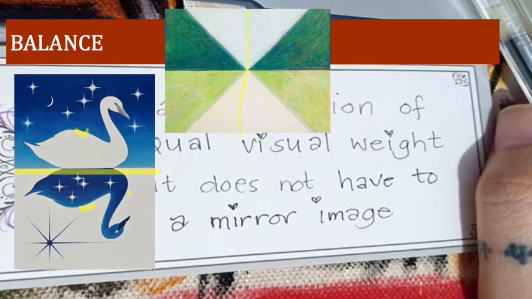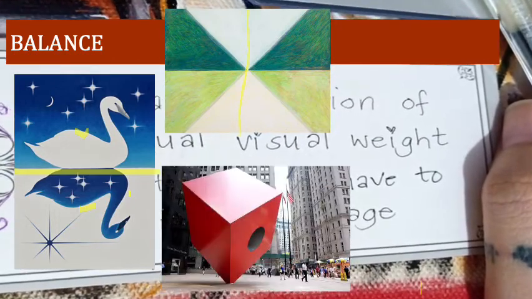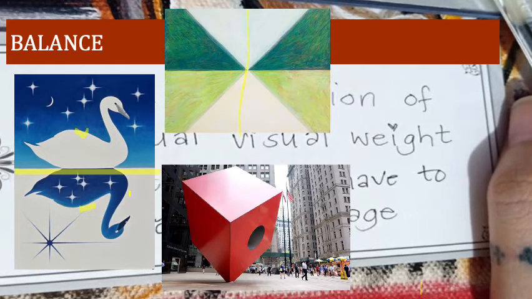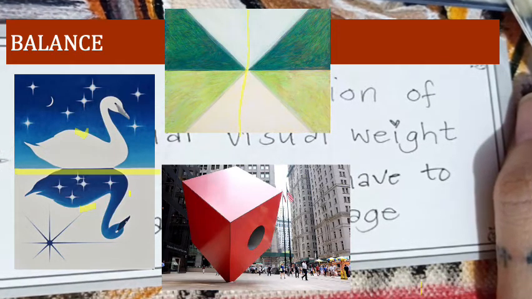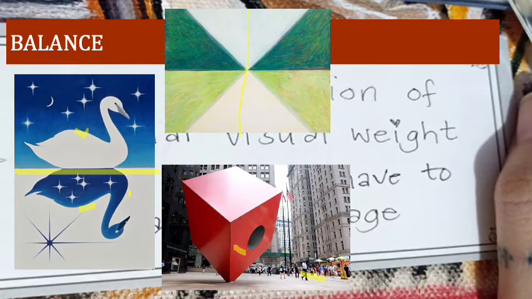So we have an example here. Okay, kani. So, as you can see, the objects are weighted differently, but even at the same time.